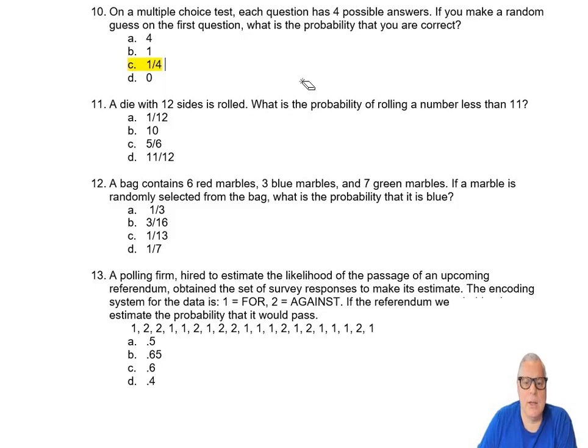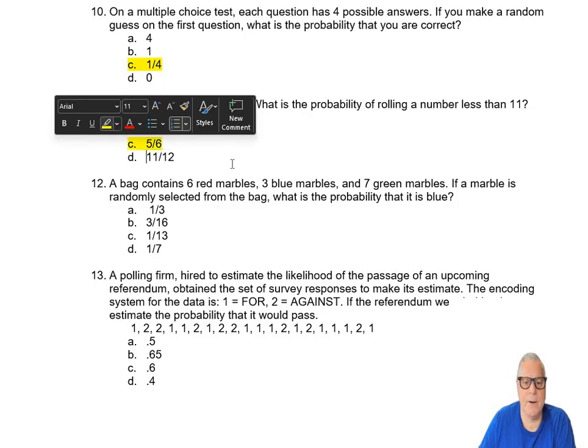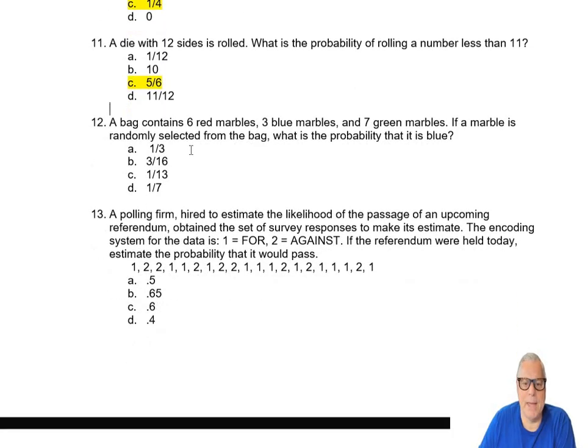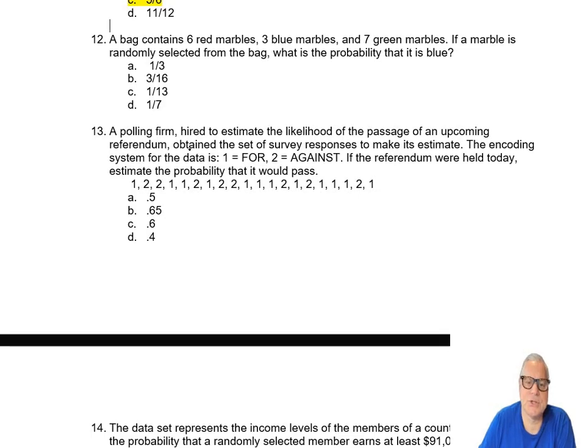A die with 12 sides is rolled. What's the probability of rolling a number less than 11? Well, that's 10 over 12. And 10 over 12 is the same as 5 over 6. A bag contains 6 red marbles, 3 blue marbles, and 7 green marbles.